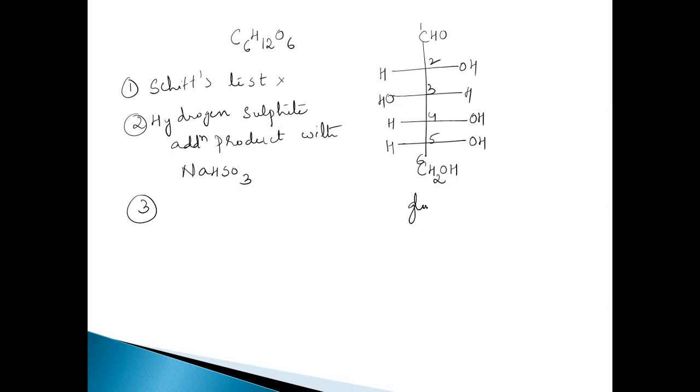This is the open chain structure of glucose, and when it reacts with acetic anhydride, it gives pentaacetate. The pentaacetate which glucose forms after it reacts with acetic anhydride does not react with hydroxylamine, no reaction.